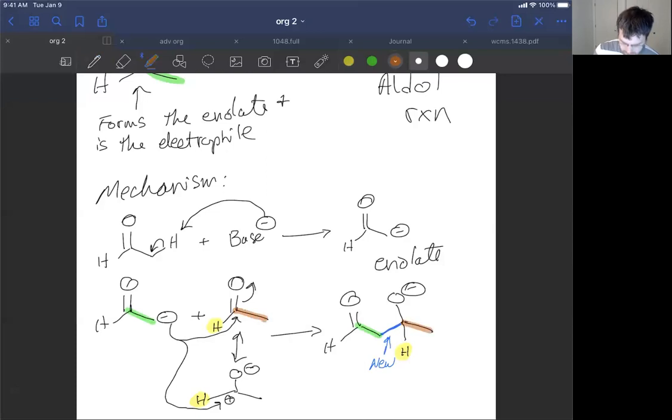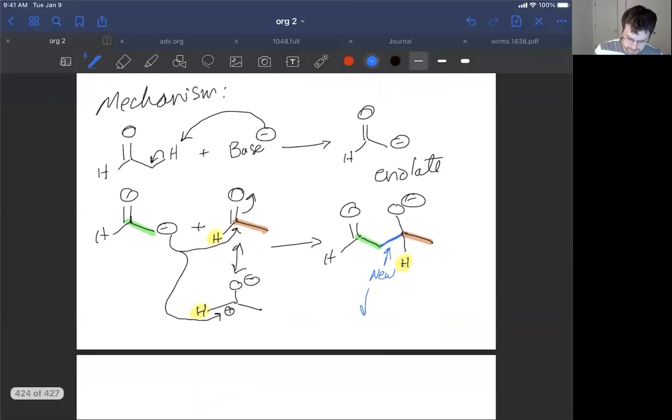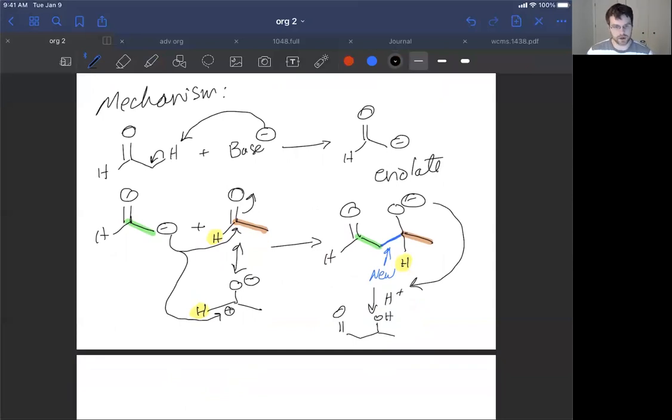These atoms correspond to right here. Okay, so there's some highlighting to help map our eye a little bit. And then at this point, we can just do our H plus workup. So the H plus workup is going to give us this, which gives us our fundamental beta hydroxy aldehyde, in this case, our aldol product.